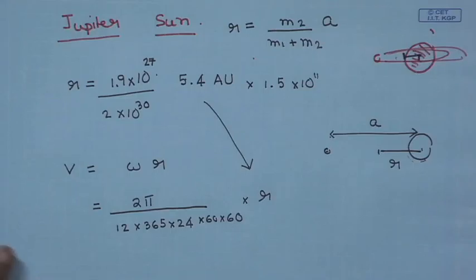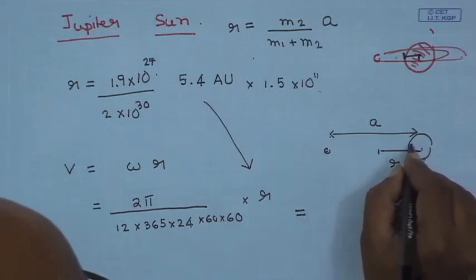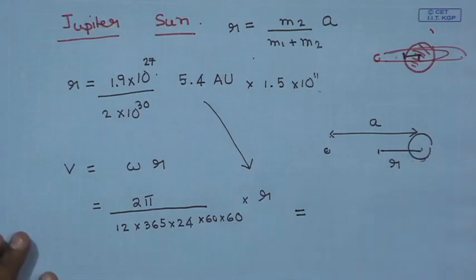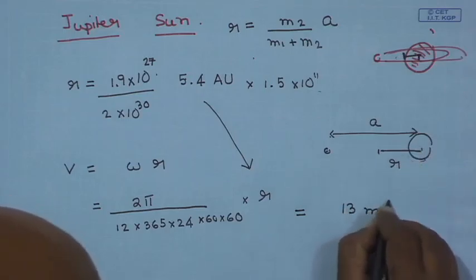If you work through this and put in all the values, I have given the values here, you will find that the velocity of the Sun comes out to be 13 meters per second.